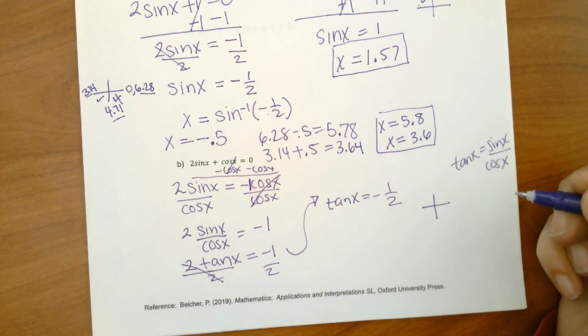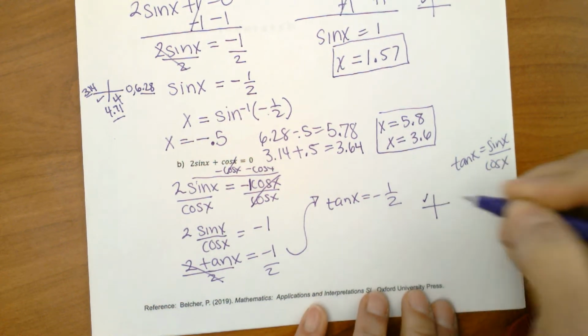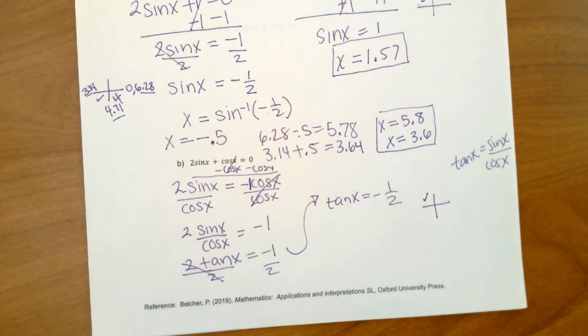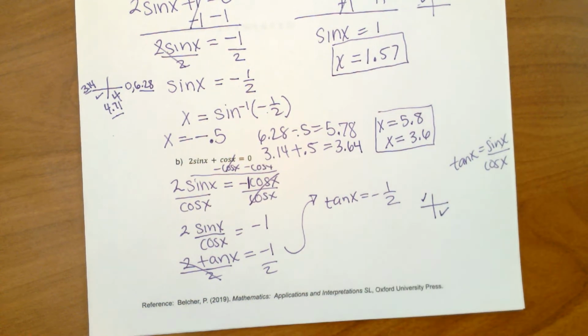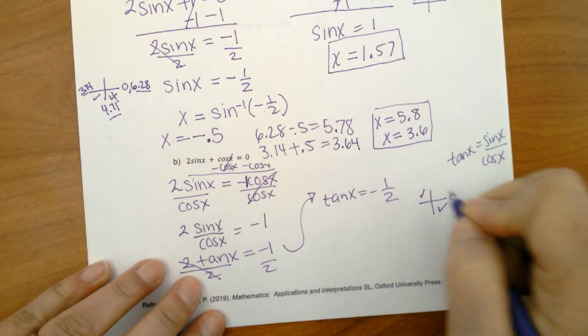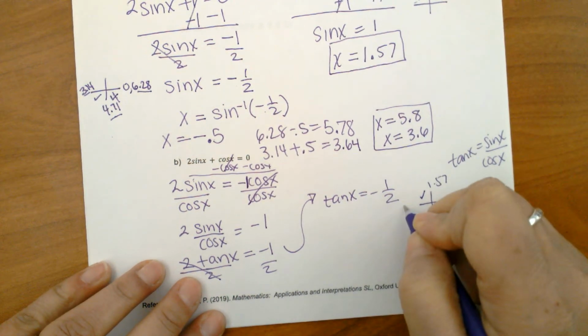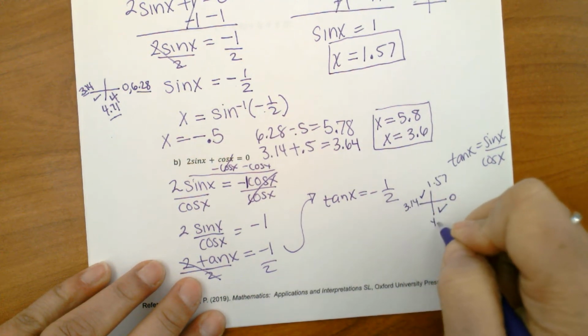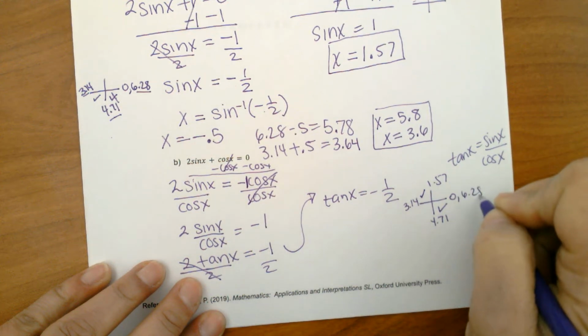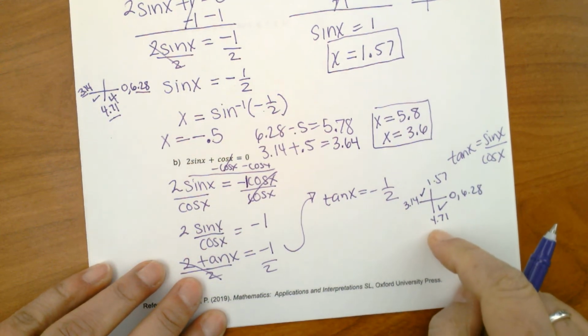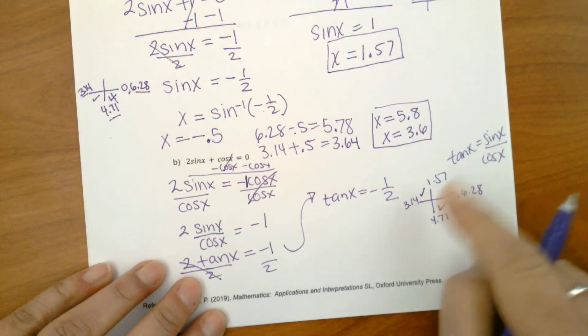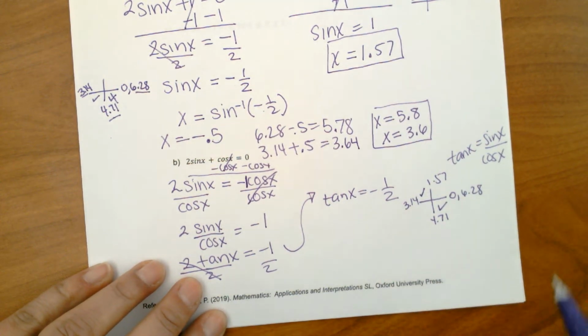Where is tangent negative? Tangent is negative in the second and in the fourth quadrants. So here's 0, here's 1.57, here's 3.14, here's 4.71, and here's 6.28. And those little handy-dandy charts that I gave you, graphs with those labeled, definitely come in handy here.